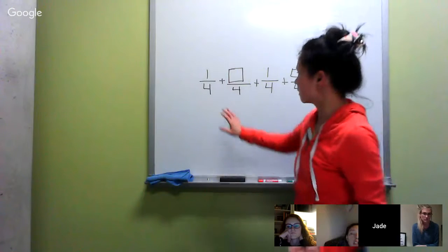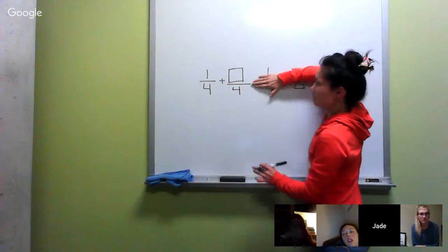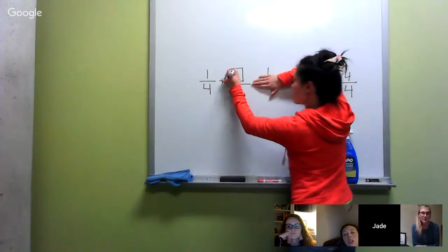So I have, first of all, 1/4 filled out. So Allison, for this one right here, what am I missing on the top? A 1. A 1, correct.